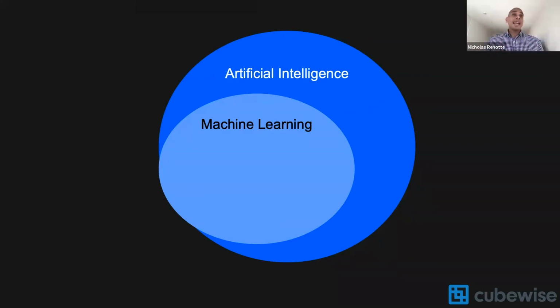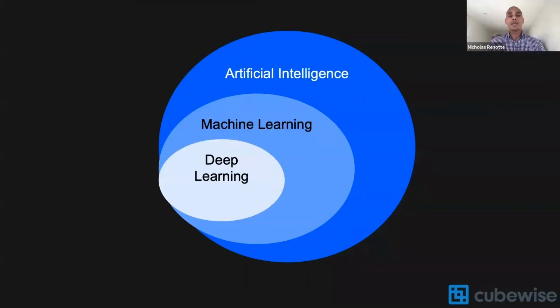Now, the last aspect that we wanted to take a look at, or second last, is deep learning. So deep learning is a subset of machine learning, and it's really the exact same thing. Where we're taking a look at classification, regression, clustering, unsupervised learning and reinforcement learning, these can all be performed by deep learning. Where deep learning differs is that it's the application of a specific set of algorithms.